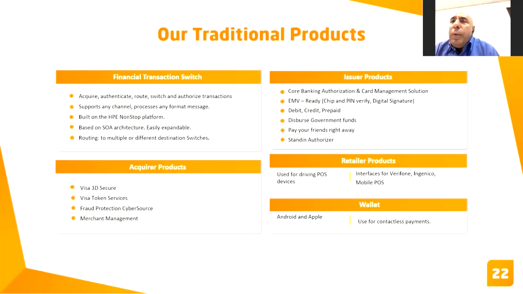So these are the different products supported in the OmniPayments portfolio. To summarize, it's the financial transaction switch, products for the acquirers, products for the issuers, products for retailers, and the mobile wallet. All of these modules are available in OmniPayments and are very easy to integrate.